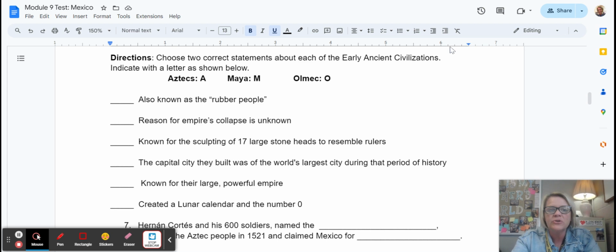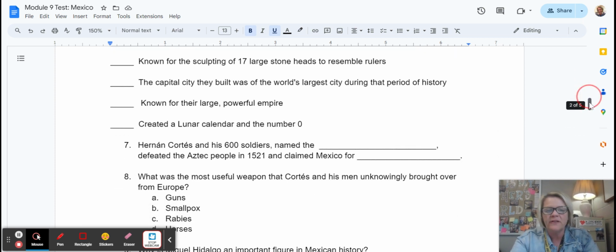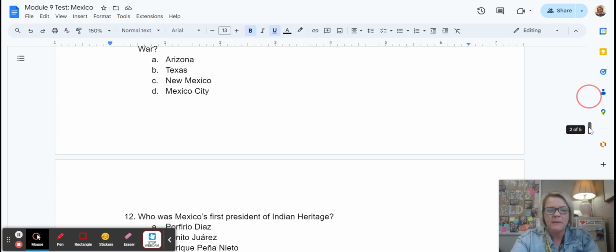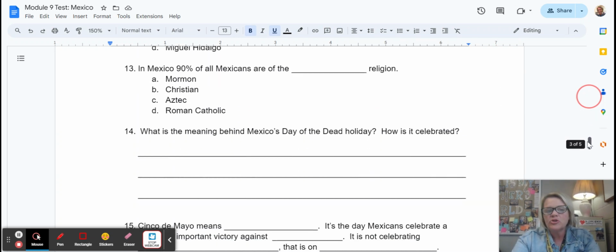You are going to tell me what descriptors go with what early ancient civilization. You'll put an A with anything talking about the Aztecs, M for the Maya, and O for the Olmec in these little blanks. Scroll down. You have a few fill in the blanks and a bunch of multiple choice. Next page, a couple more multiple choice.